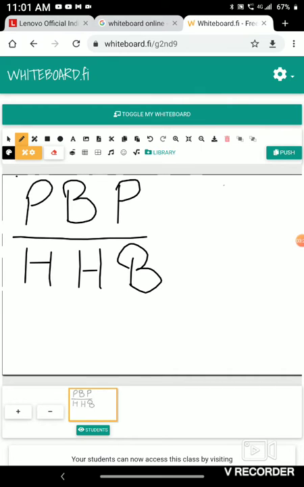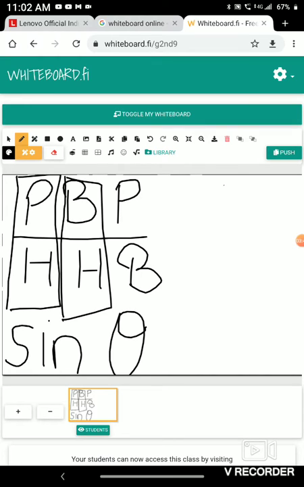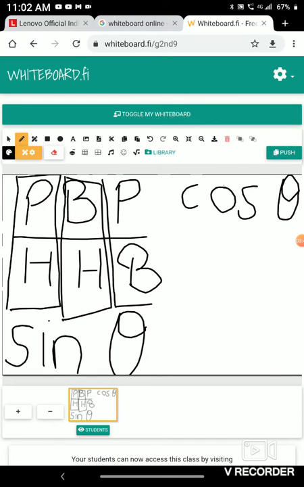So guys, the first section, P and H, is of sine theta, and the second of cos theta, and the third respectively of tan theta.